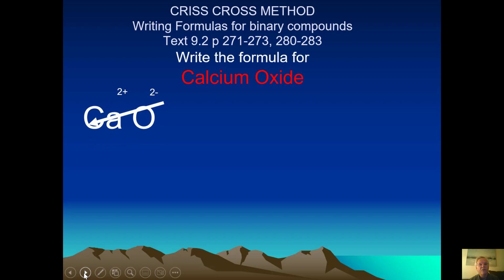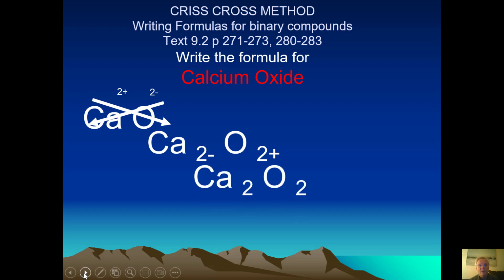Then I crisscross the charges. I'm going to take the charges and write them below the symbols for each element, like so. Then I ignore the sign. So I have Ca2O2.